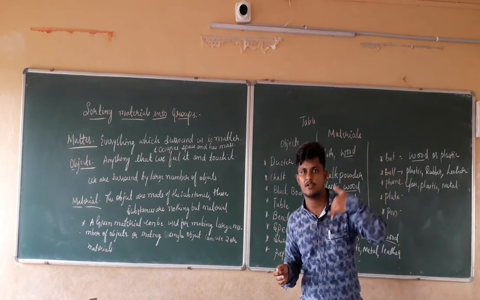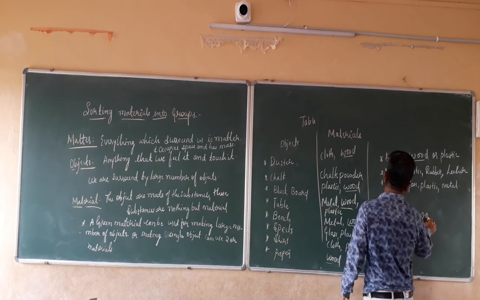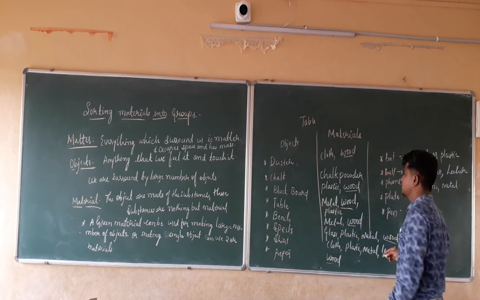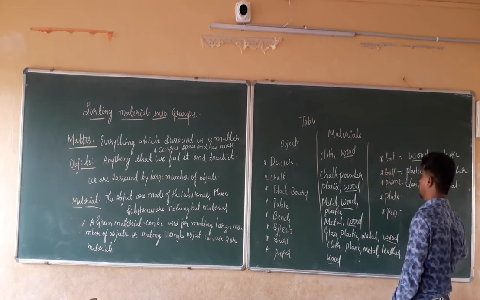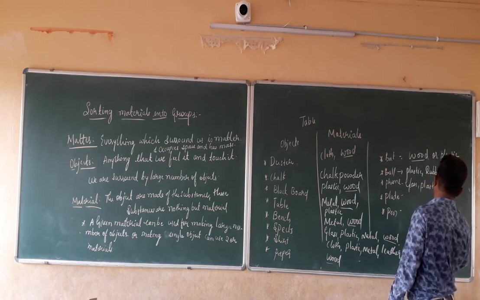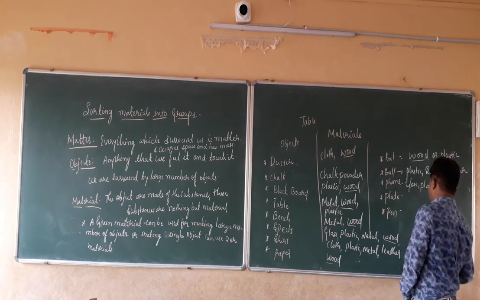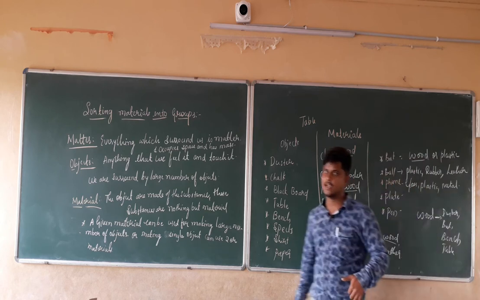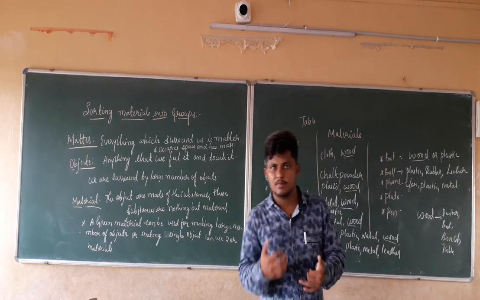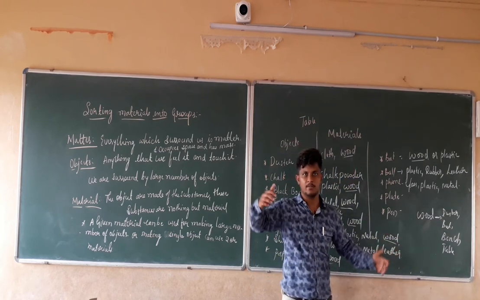For example, if we take wood, we produce blackboard, duster, bat, bench, table. Like this you have to make another list, so that in the next sections we can clearly analyze those things.